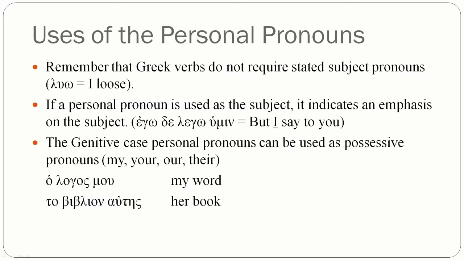Now, a few more things about these personal pronouns. First thing to note is that Greek verbs don't require these pronouns, right? We've been translating them into English, even though we haven't had the actual Greek words, because you can get these pronouns out of the verbs.